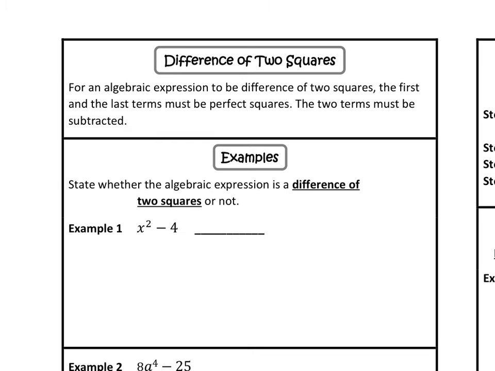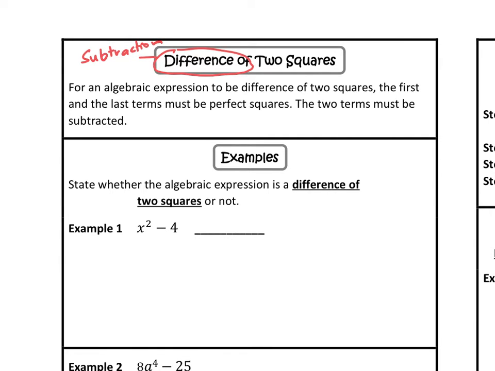Okay. Now the first special product we're going to look at is the difference of two squares. If we break this up, we know that in math, when we use the word difference, this means subtraction, that there's subtraction going on.